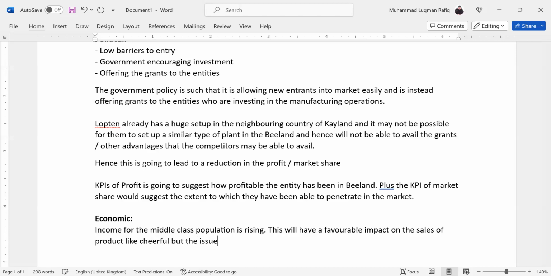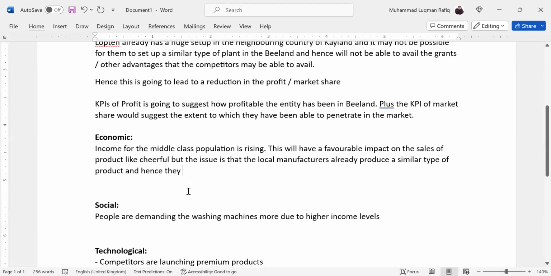But the issue is that the local manufacturers already produce a similar type of product, and hence they will be able to price it better.